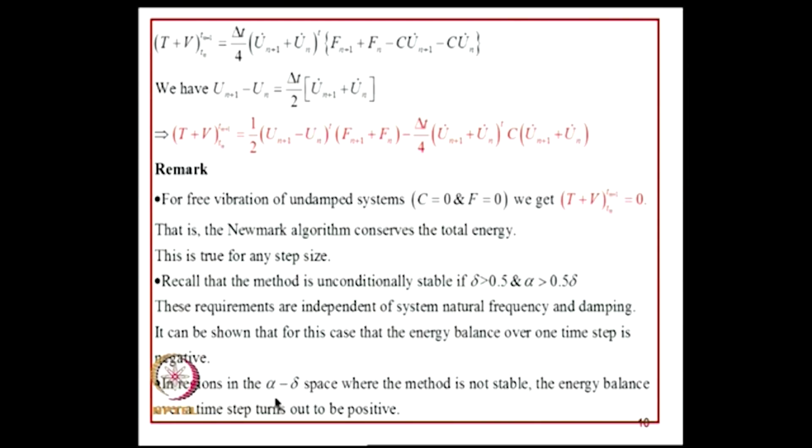In regions in the alpha delta space where the method is not stable, the energy balance over a time step turns out to be positive. Please bear in mind that the formula I have derived is for specific choice of delta and alpha. So, you could rederive the whole story by keeping delta and alpha as they are, and you can see how the question about change in energy can be tackled.